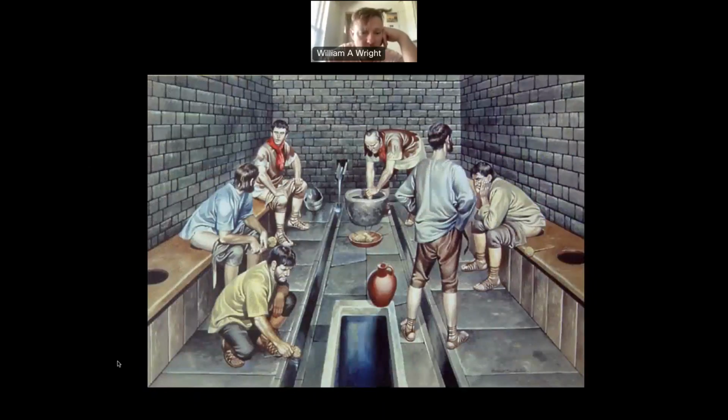We actually see an artistic depiction here. Now, what you don't really want to know about is the fact that this is what they used, a sponge on a stick for toilet paper. That's why they needed clean water moving in so fast. I don't even want to get into all that, but hey, it's better than what they were doing before, using their hand. So sewage is an important part of it.